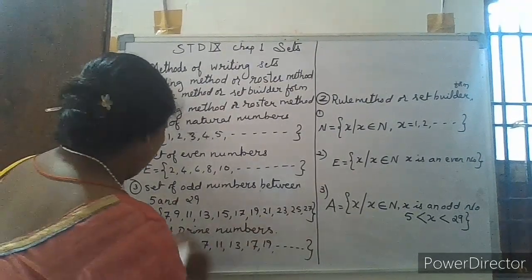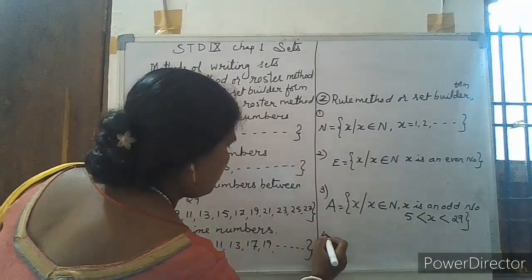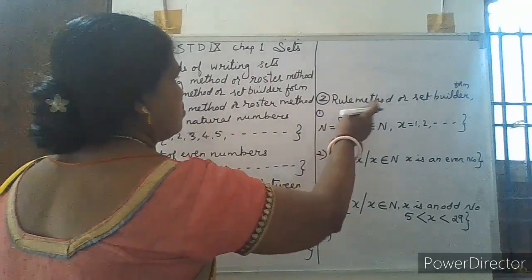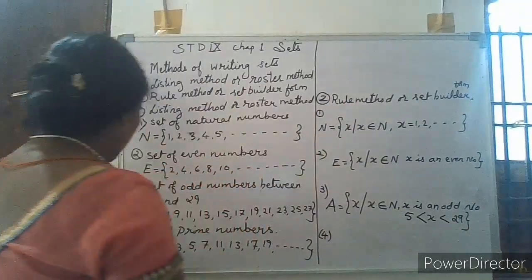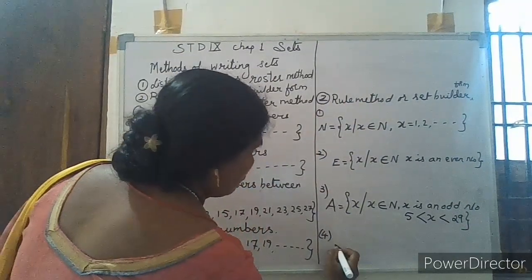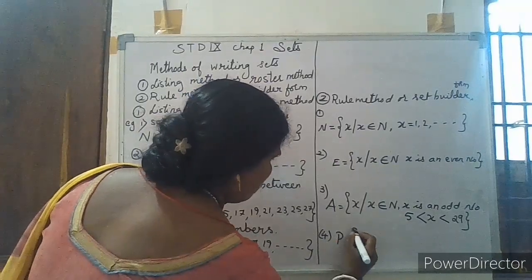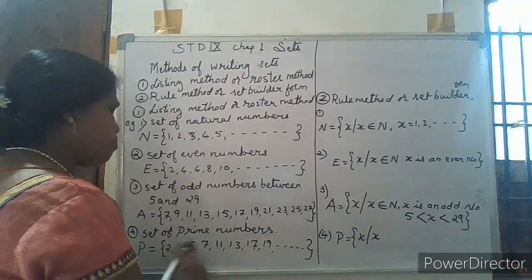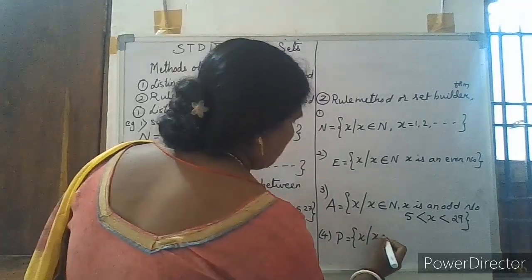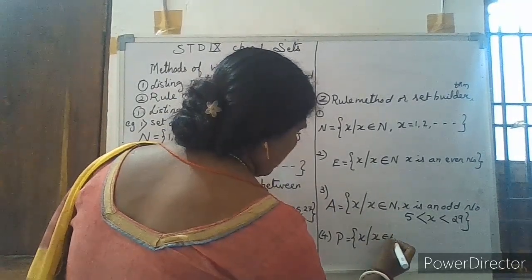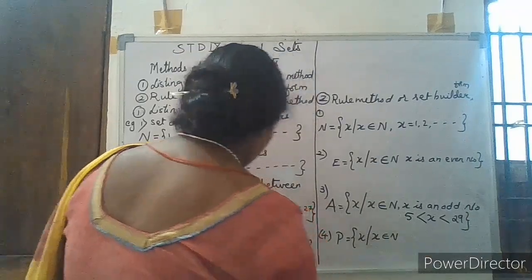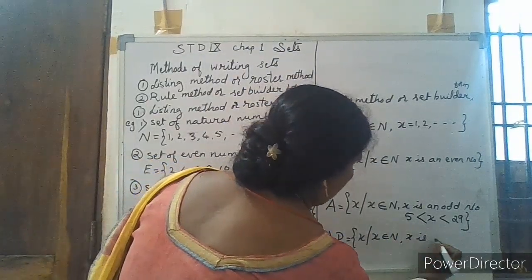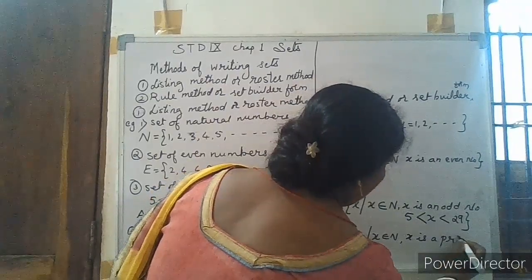Now the same example when we write with the second method, that is the rule method or the set builder form, then we will write it in this way. X is an element, X is a prime number. When we talk about prime numbers, it belongs again to natural numbers, but X here is a prime number.